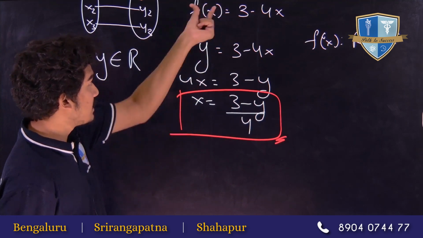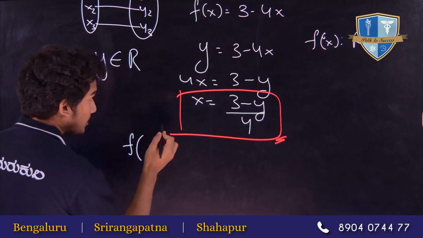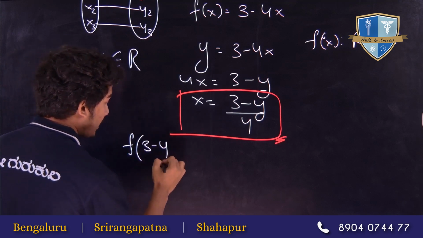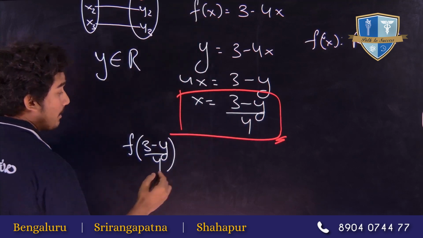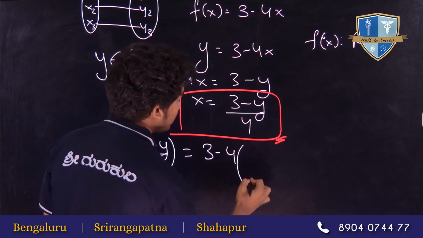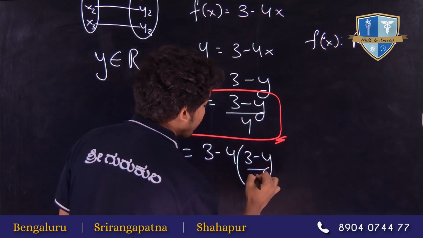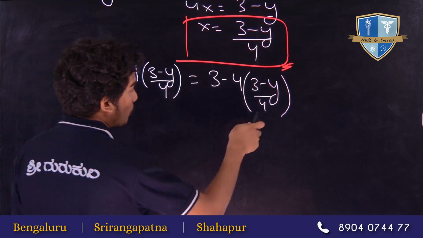Now let's check if this is satisfying our function or not. So f of 3 minus y by 4: instead of x I am writing 3 minus y by 4, and this should be equal to y. So let's prove it. 3 minus 4 times (3 minus y) by 4. If you see here, 4 and 4 will cancel out.